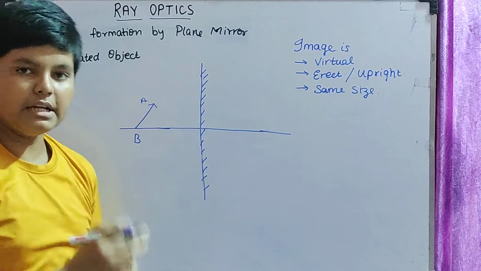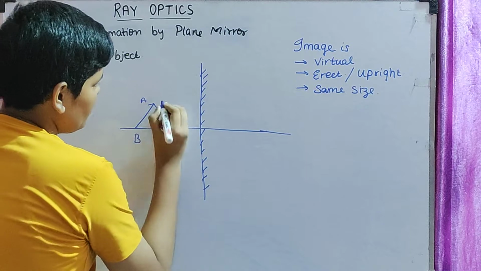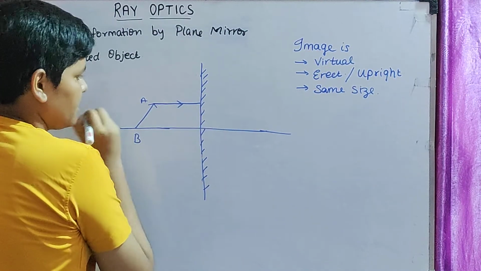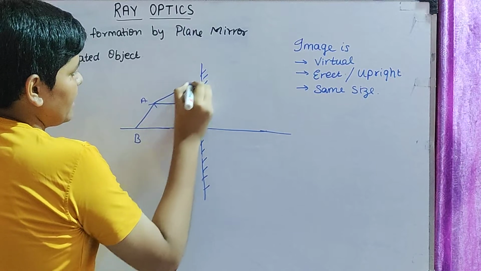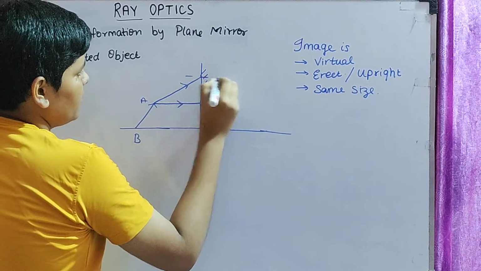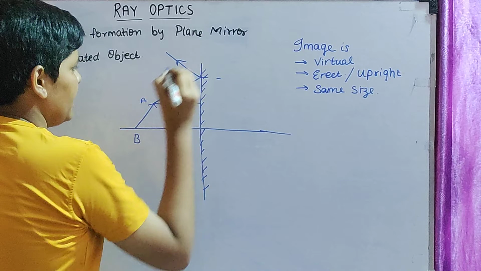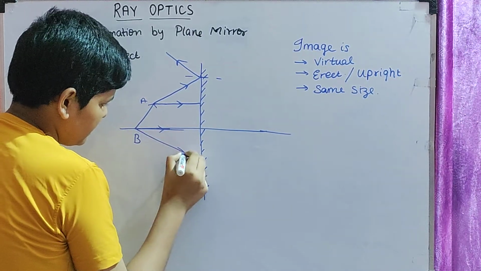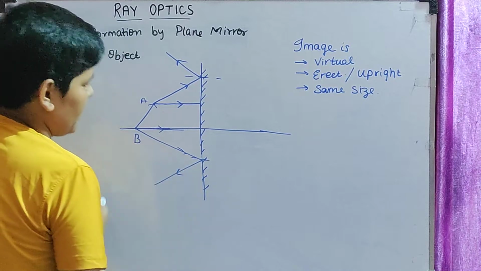How do we do it? We take the same two rays. One we take as normal incidence, which comes reflected back. Second, we take like this, make a normal, and reflect it upwards. Then for B we take one like this, another like this, make a normal, and reflect it back.